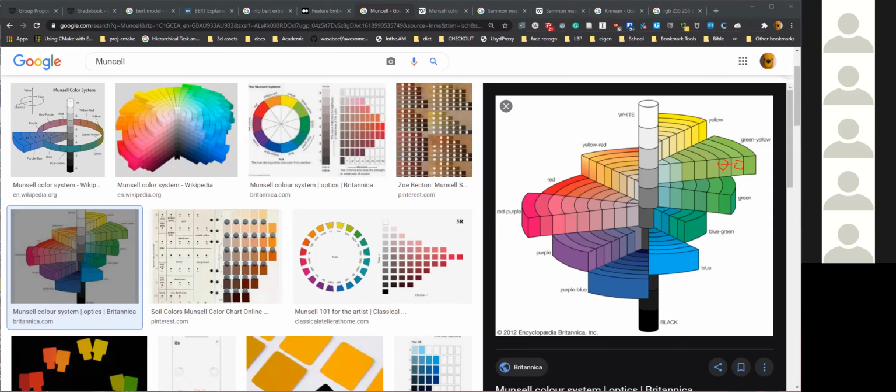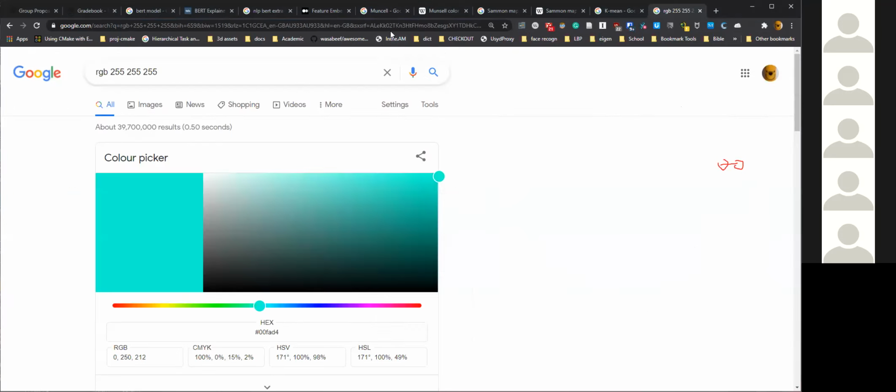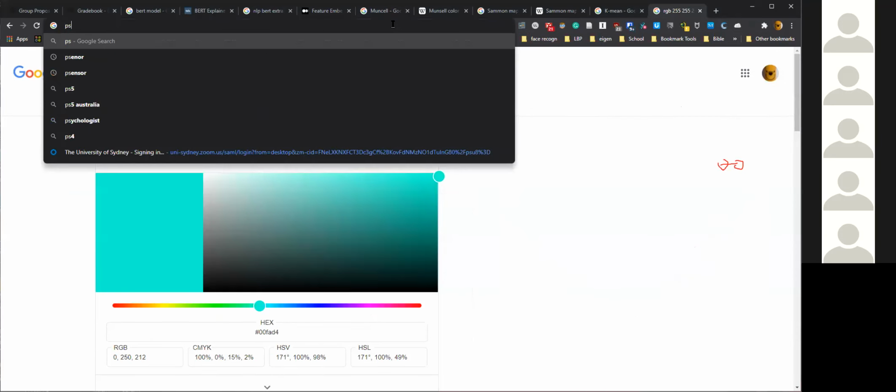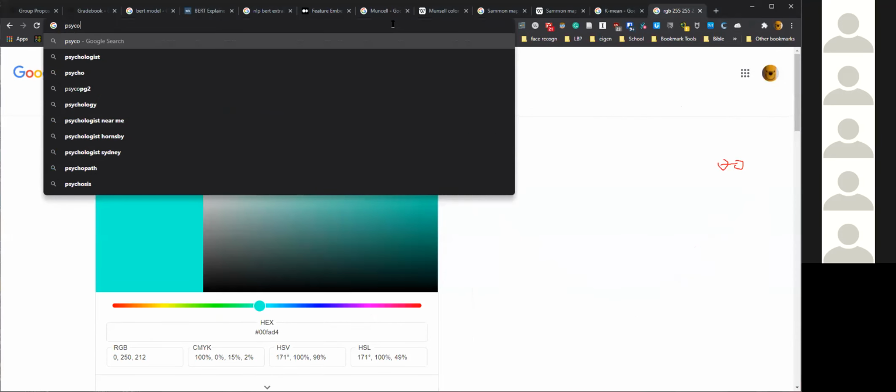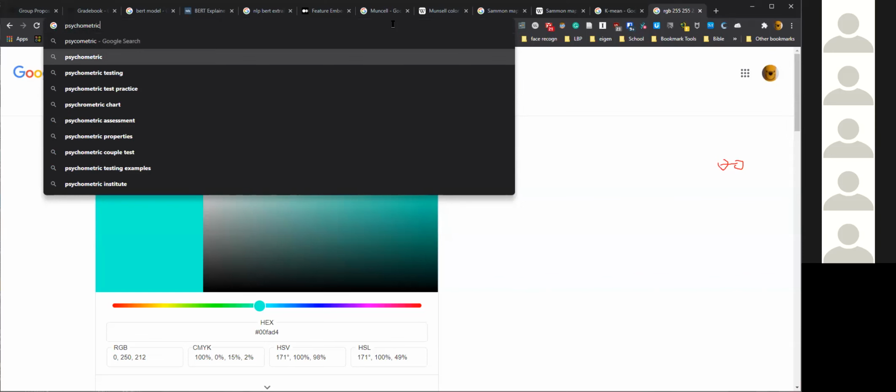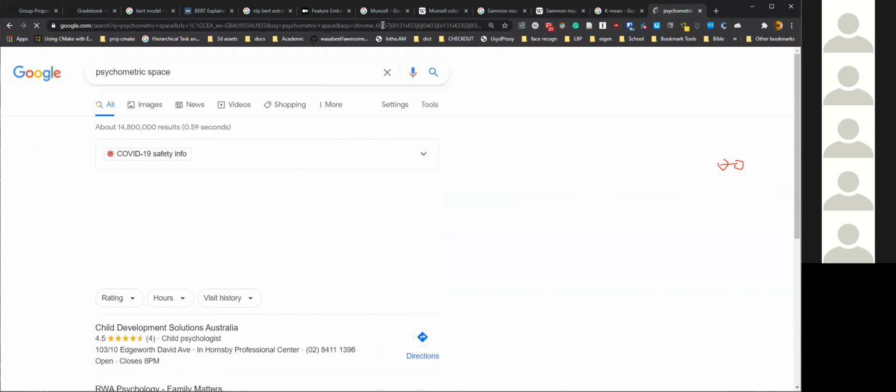So for emotions, he is saying it's about happy, not happy, right? Probably, so emotion, psychometric space. Does it have anything related to it?